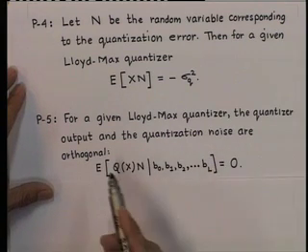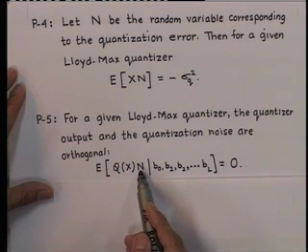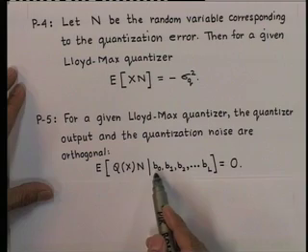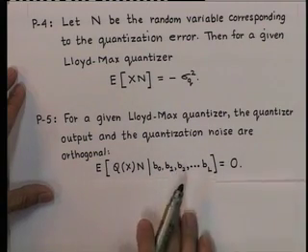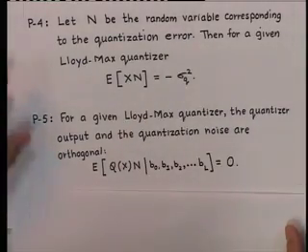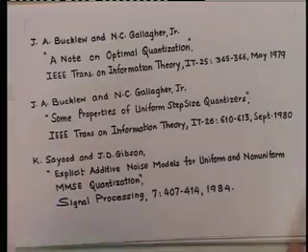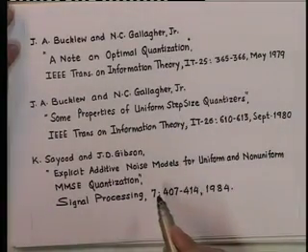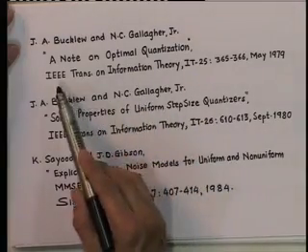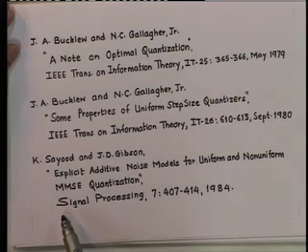What it means is that the expectation of the quantizer output and the quantizer noise, given the Lloyd-Max quantizer, that is the decision boundaries, is equal to 0. Now, the proofs for these properties can be found in the following references. The first two references had appeared in IEEE Transactions on Information Theory, and the last reference is in the Eurasip Journal of Signal Processing.